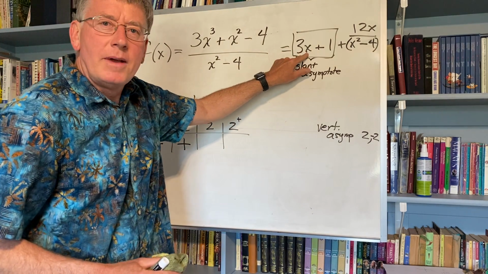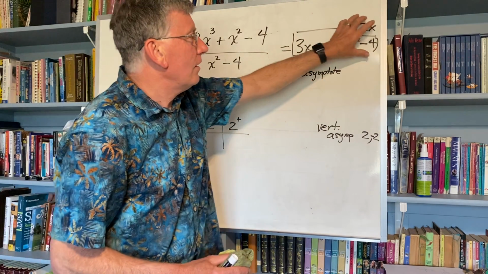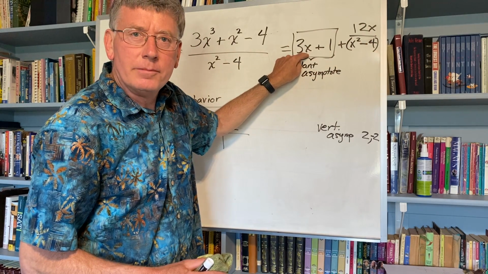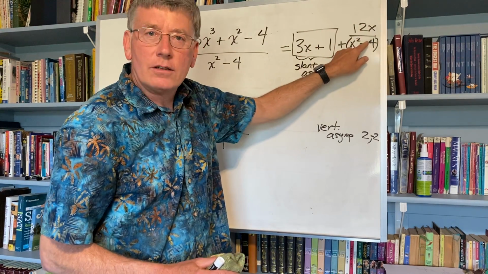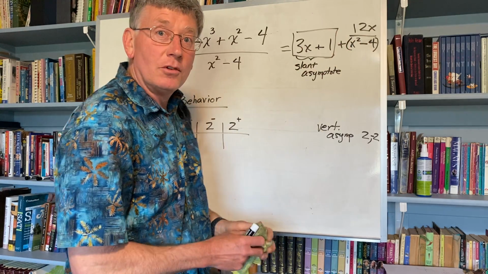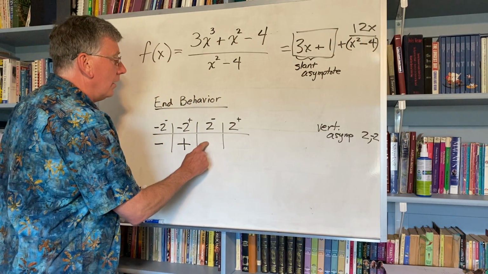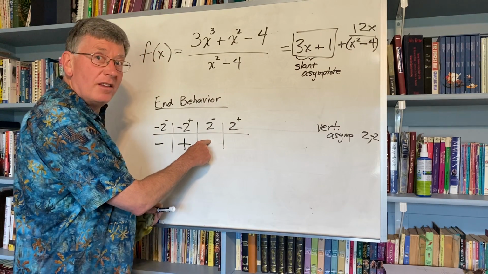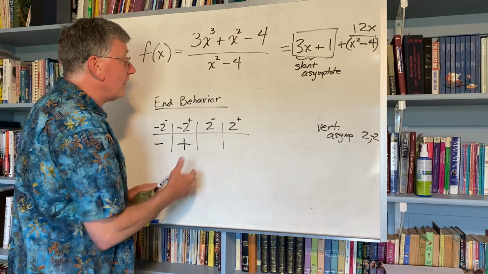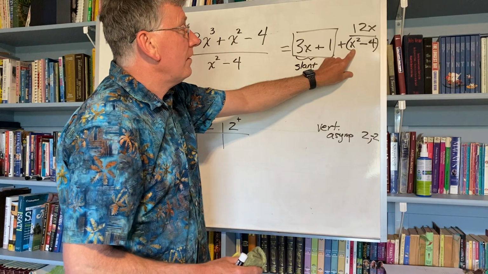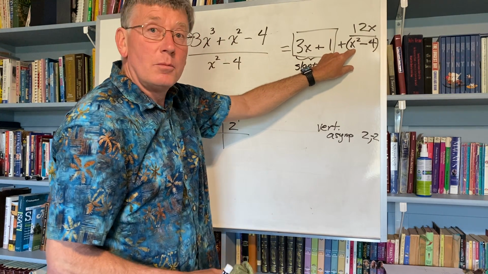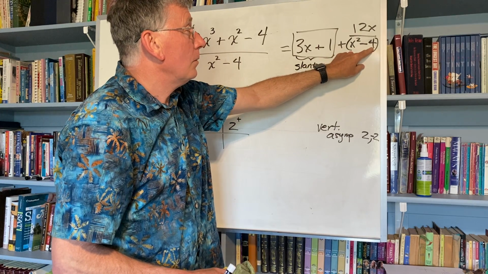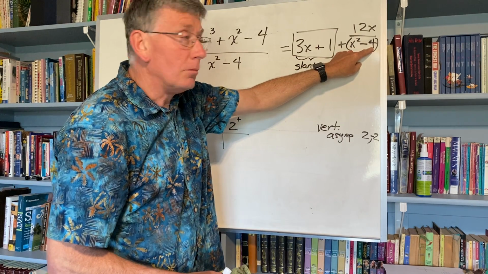Why don't I worry about this here? Because this will far outdistance anything that's happening here when you get close enough to these asymptotes. Now let's go over to the right. When we're looking at +2 and a little bit less than 2, x squared is a number smaller than 4, minus 4 is going to be a negative number.